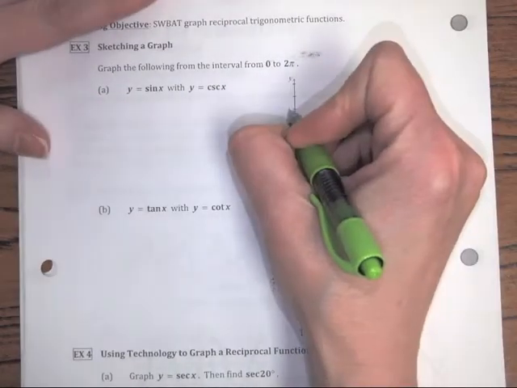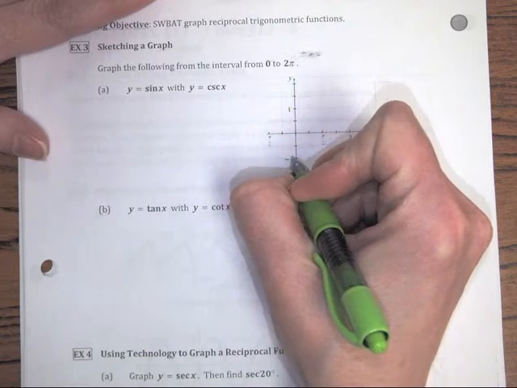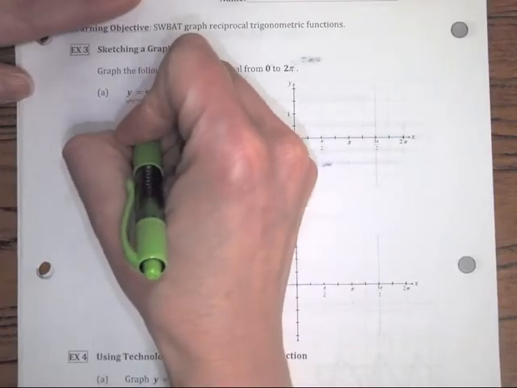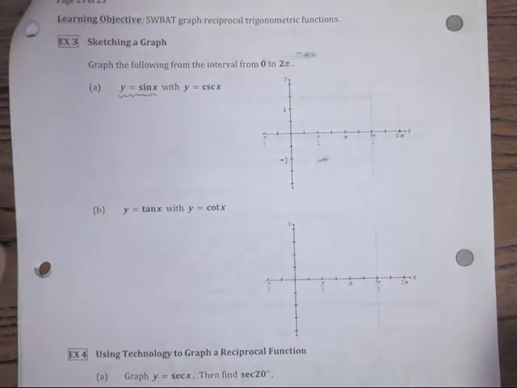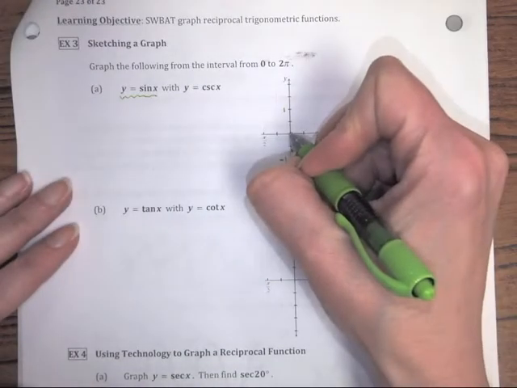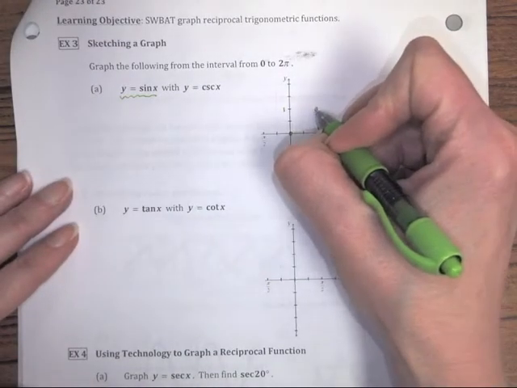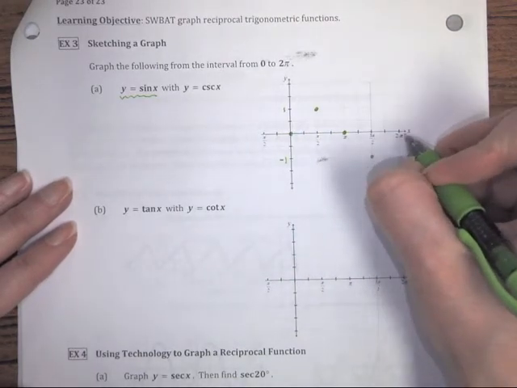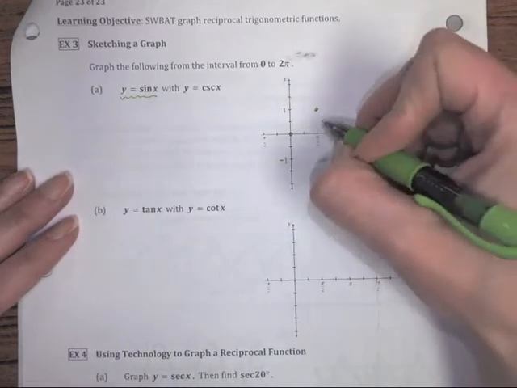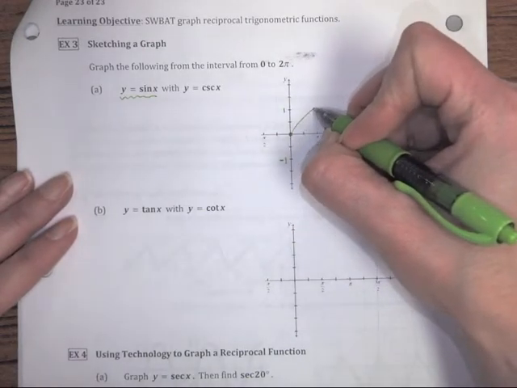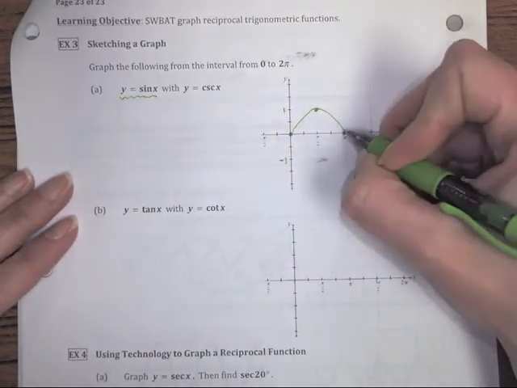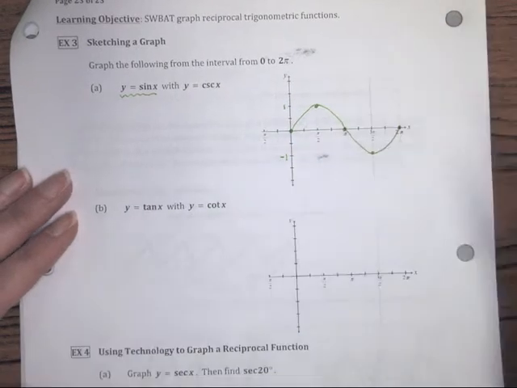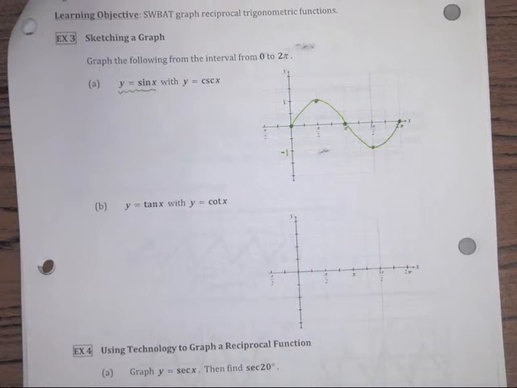I'm going to call this 1 right here and this negative 1 right here. The first thing I'm going to do is color in y equals sine x. We know that it starts here, hits 1 right here, back to 0, down to negative 1, and over here to 2 pi, and we know it looks like this, right? So that's y equals sine x.